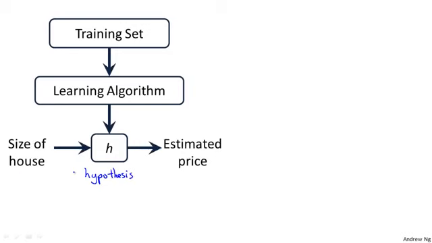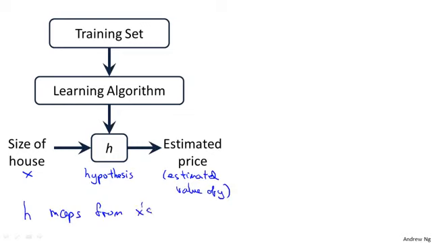So it takes in a new value of x, and it tries to output the estimated value of y for the corresponding house. So h is a function that maps from x's to y's.